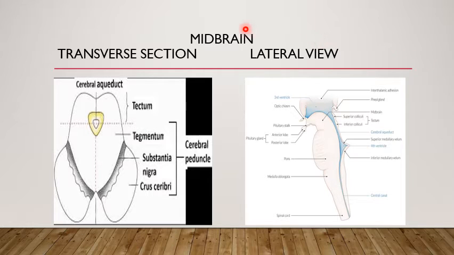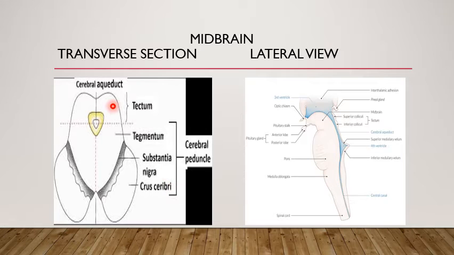Now, the midbrain is traversed by cerebral aqueduct. Here you can see the cerebral aqueduct, students. So what are we seeing? We are seeing the transverse section of midbrain. Here you can see the cerebral aqueduct, and you can see we are having this imaginary line that is dividing this particular part of midbrain into tectum and cerebral peduncle.